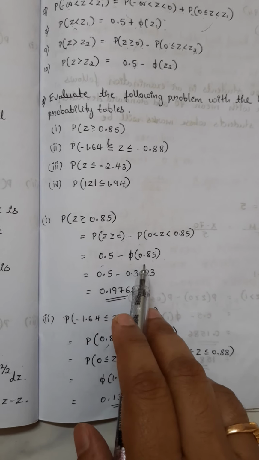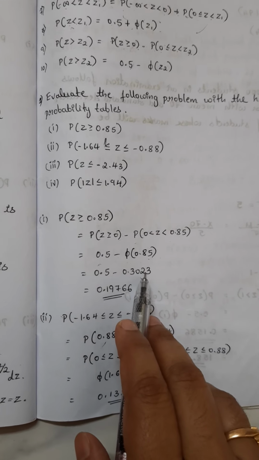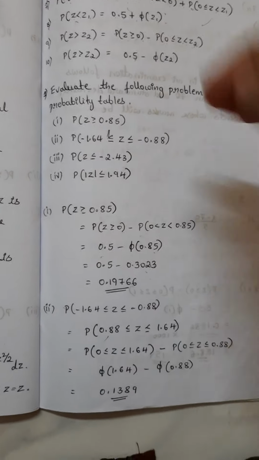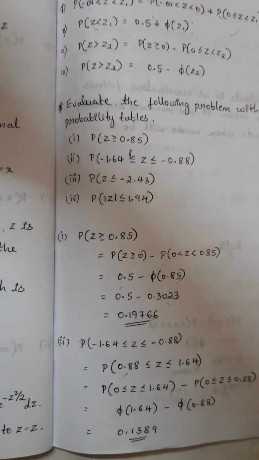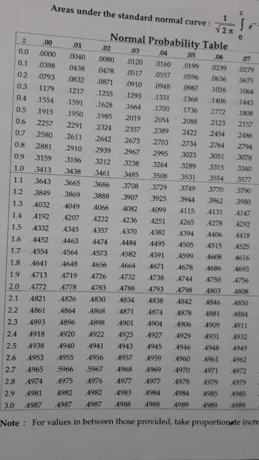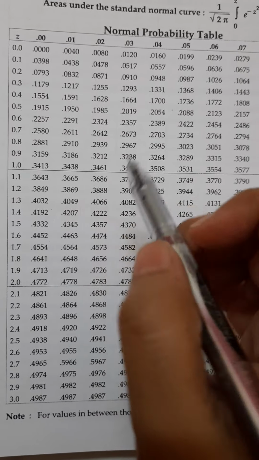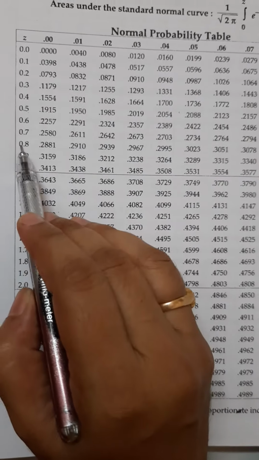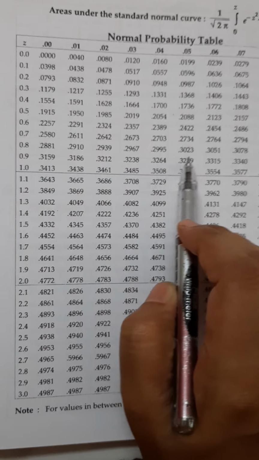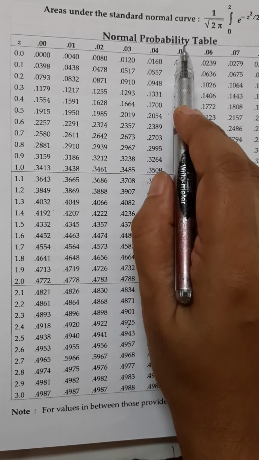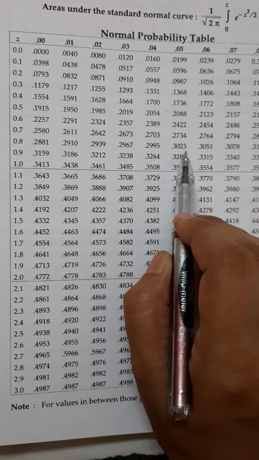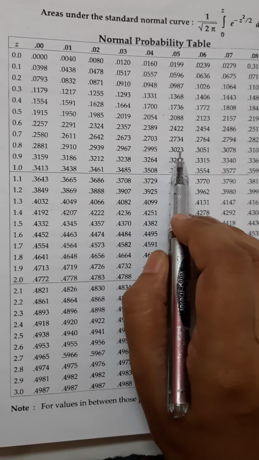This phi of 0.85 can be calculated using a calculator or using the normal distribution table. I'll show you how to check that value in the normal distribution table. This is the normal probability table. To calculate phi of 0.85, here we have 0.8, and corresponding to 0.05, 0.8 plus 0.05 will be 0.85, the value is 0.3023.